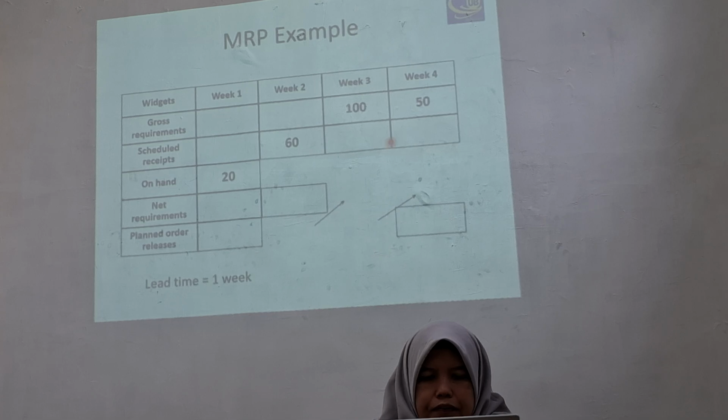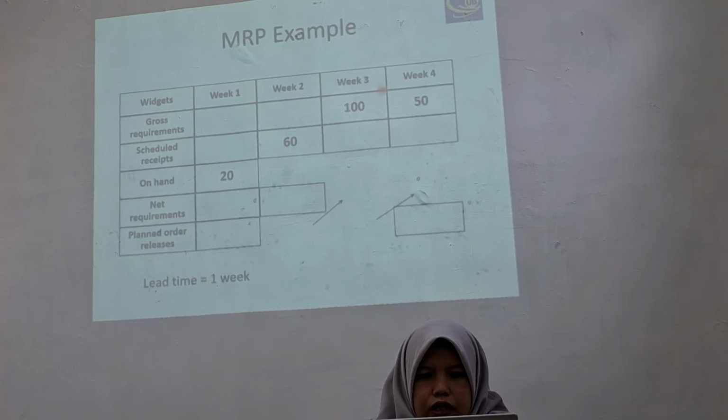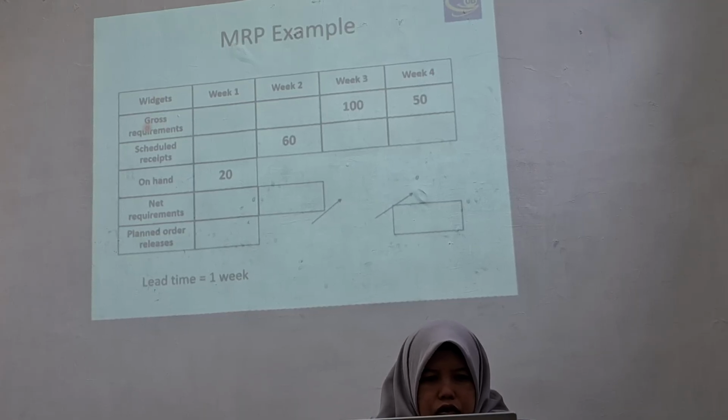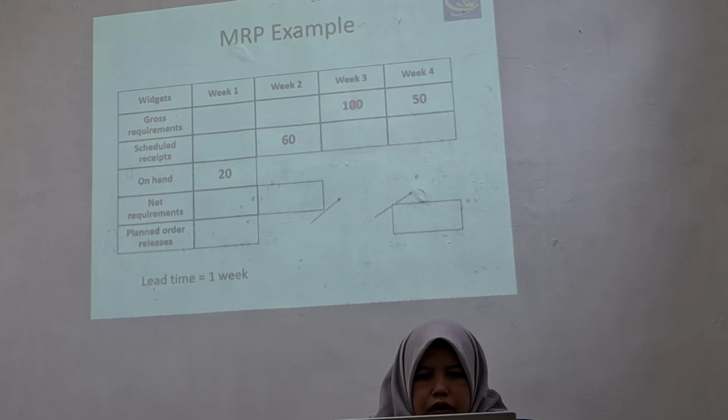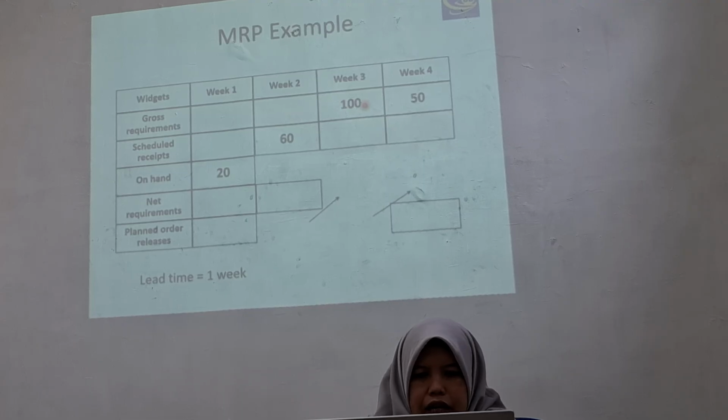For example, we can see this matrix. There are 4 weeks: week 1, week 2, week 3, and week 4. For the gross requirement, in week 1 and week 2 it is 0 units. Week 3, 100.